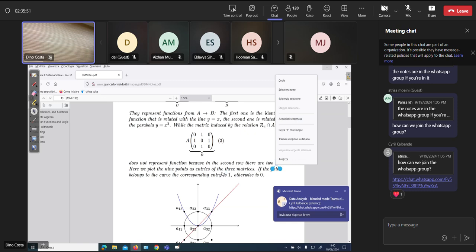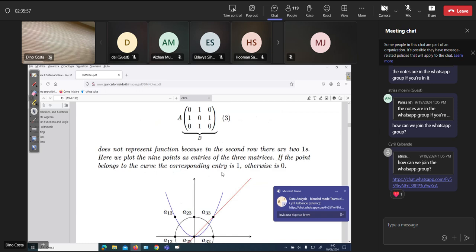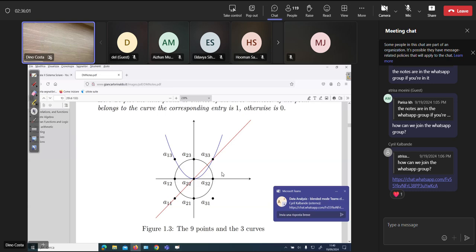But when you can show the picture, the picture is exactly here. I'm considering as points the entries of the matrix. So this is the entry A11.